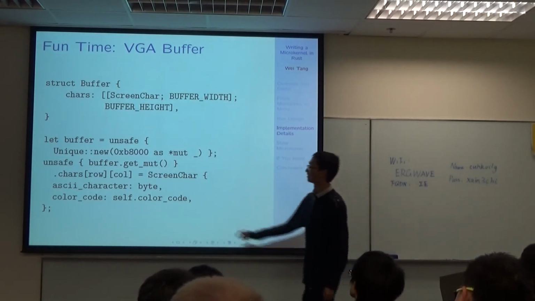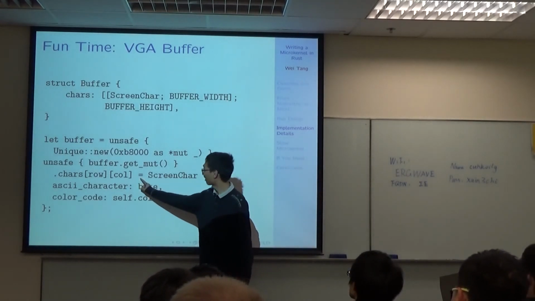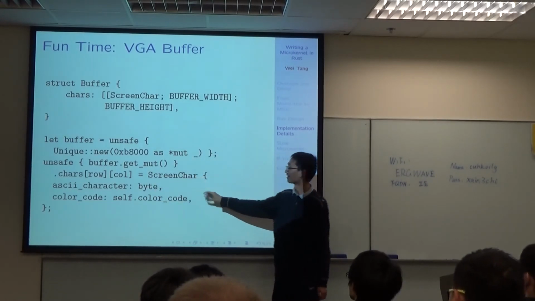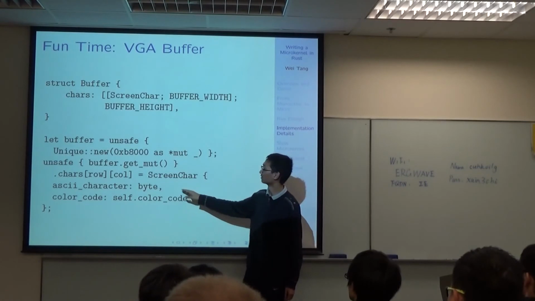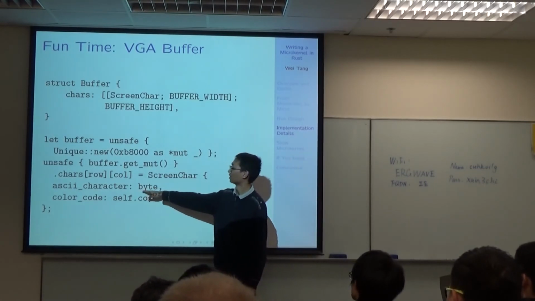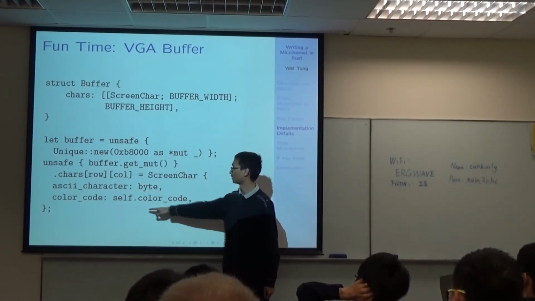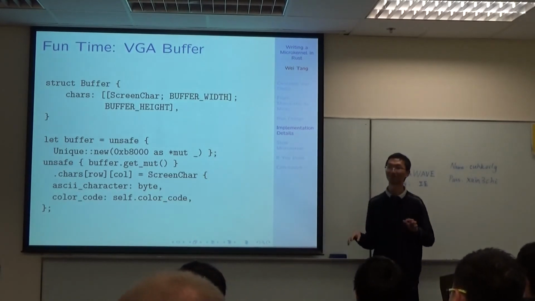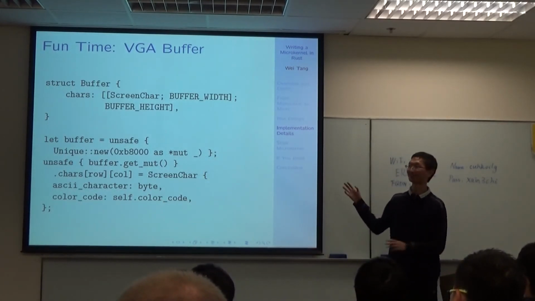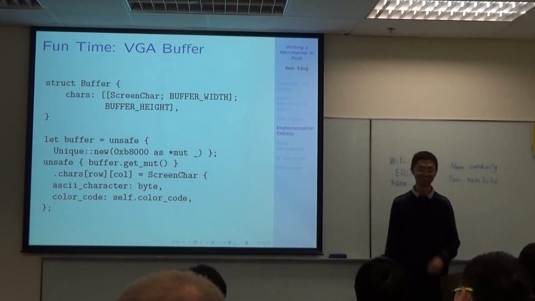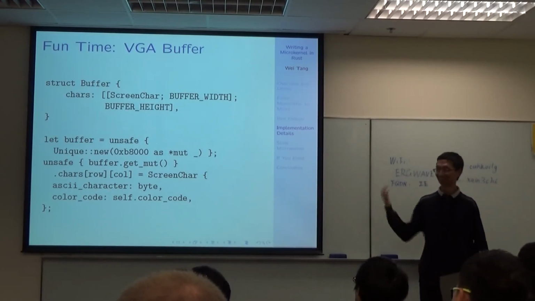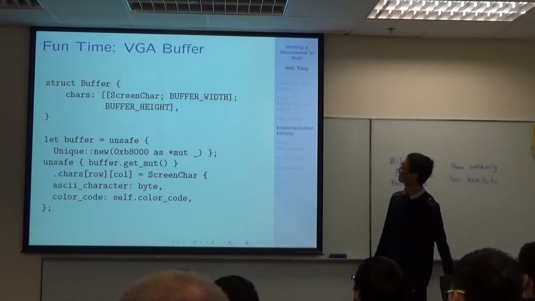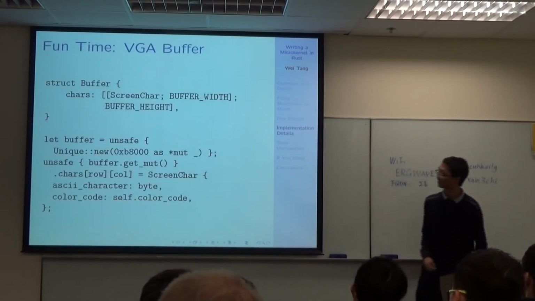So you just set a specific char to a string char. Basically, first you set some byte, an ASCII byte, and after that you set a color code. That's how you get the yellow color at the beginning of the video. Yeah, so that's all the implementation.